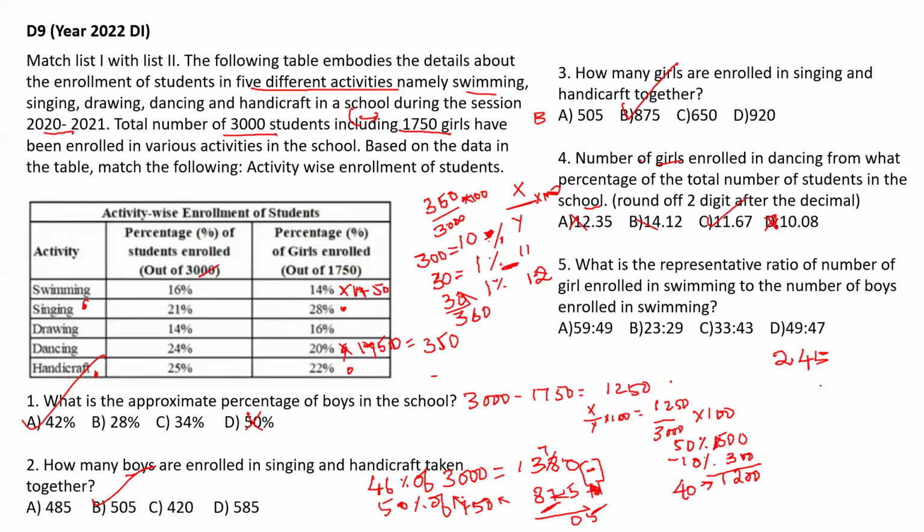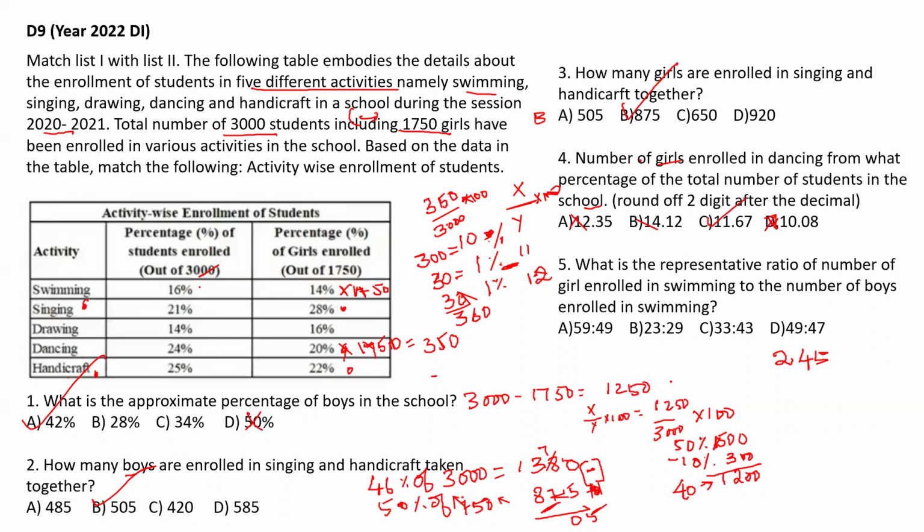Then you just need to find out the total number of boys, right? For boys, they have not given directly. Even if you know the total number of boys, it's like 1250, we don't know the percentage of people who participated in swimming. So you just need to calculate by taking the difference. The total enrollment is 3000.